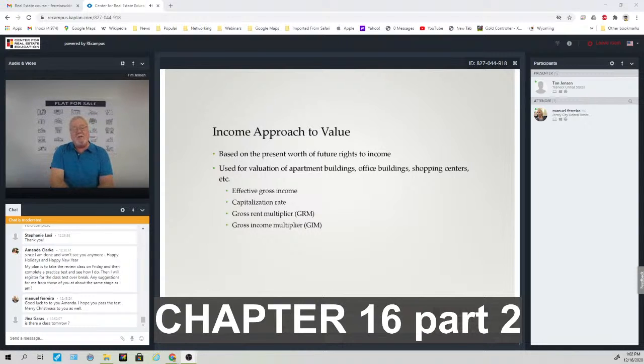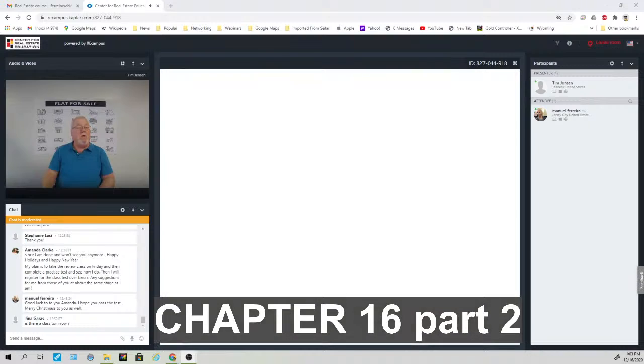What the capitalization rate is, derived by taking income and dividing it by value, and then calculating a value for property. So let's take an example. The example in the book uses certain numbers, but let's just make up our own. It will work either way.